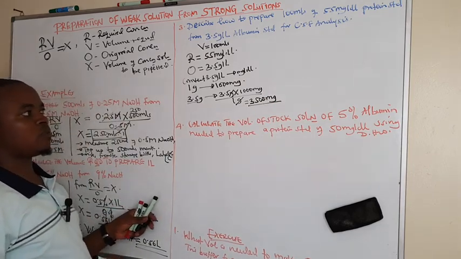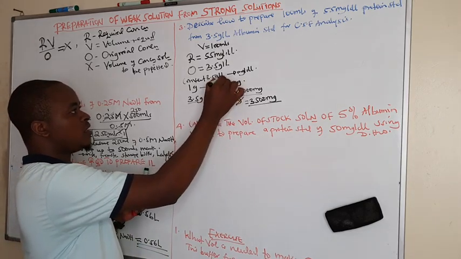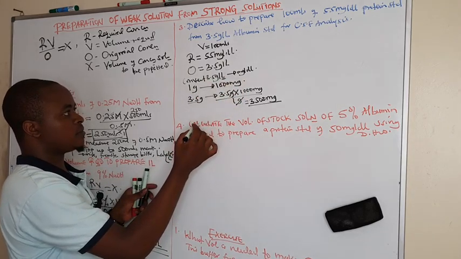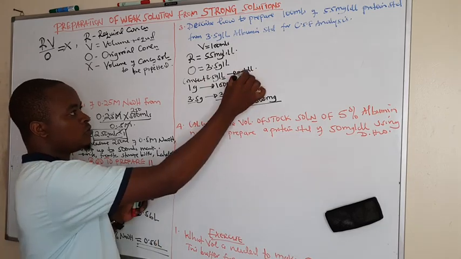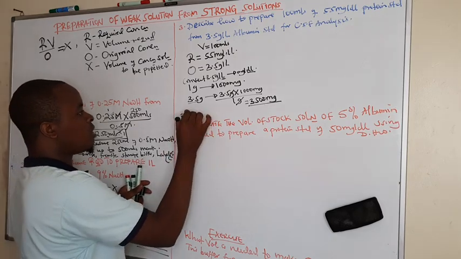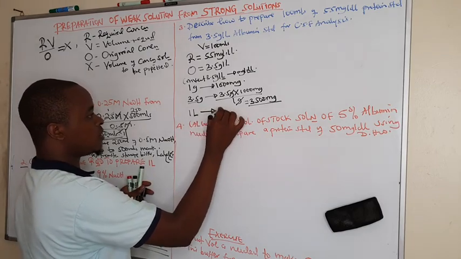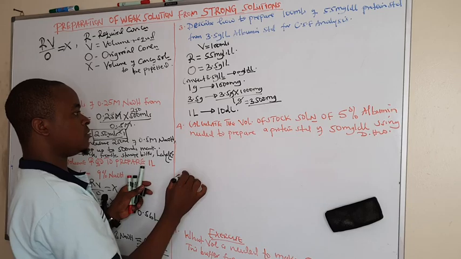So we have got milligrams. Then another thing, we need to convert a liter into deciliter. And we know that 1 liter is equivalent to 10 deciliters.